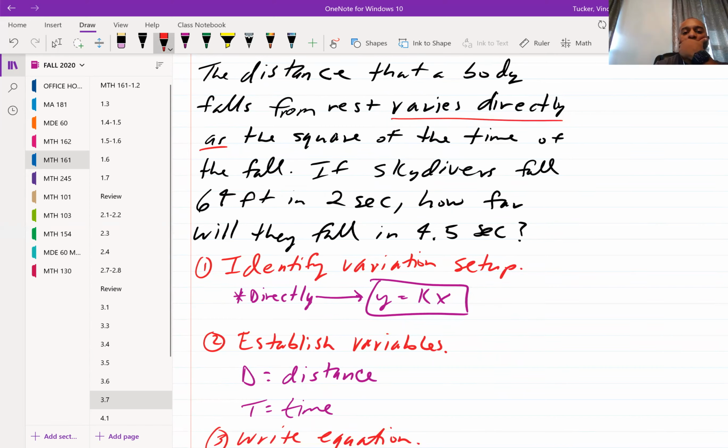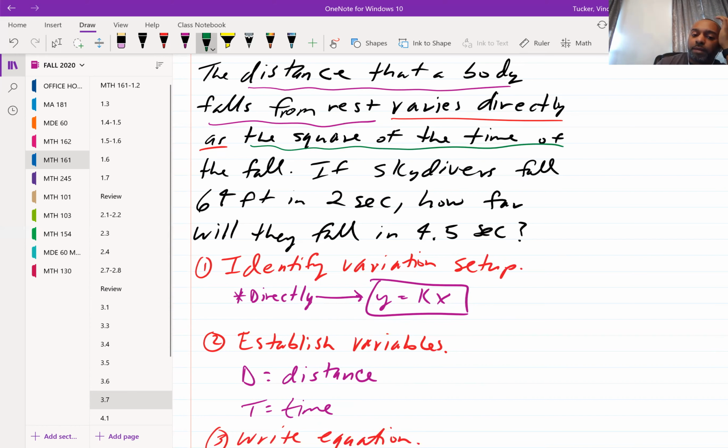It says the distance that a body falls from rest varies, so that is our y. Remember, whatever comes before "varies" is your y. Then it says that varies directly as the square of the time of fall, so our time should take the place of x. I'm calling d for distance, t for time.